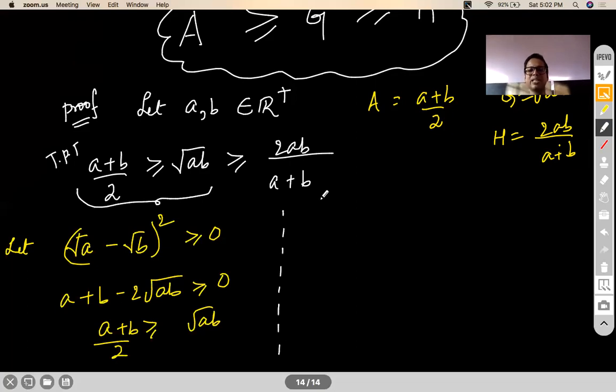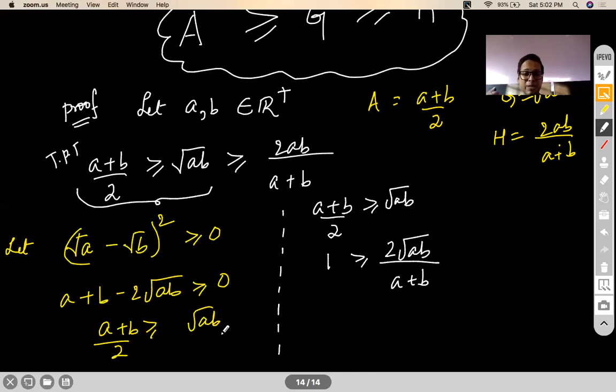Now, the very same result I will begin with here. Take the 2 to the other side and divide by A plus B. So 1 is greater than or equal to 2 under root AB by A plus B. Now remember here, A and B are both positive quantities, so A plus B will also be positive. So if you're dividing by A plus B, it will not disturb the inequality symbol.